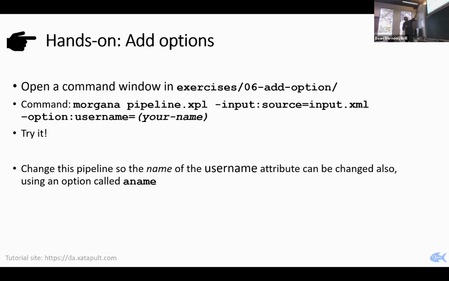And you do that with option:username=, and then add your own name and see if it comes out. After you've done that, I'm going to ask you to add a second option called attribute name, that actually changes the name of the attribute you're going to add to the input document. So the attribute name is now username, but it could be anything.